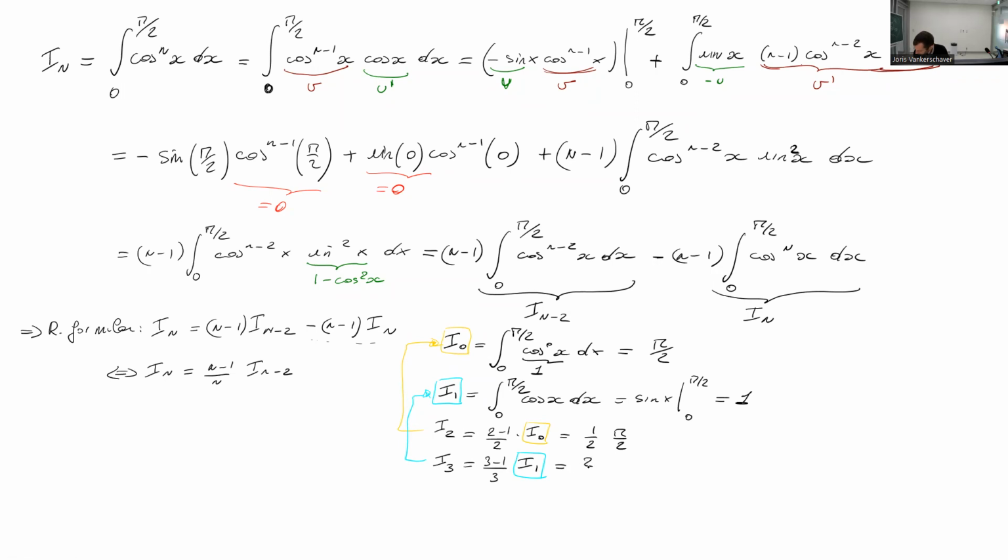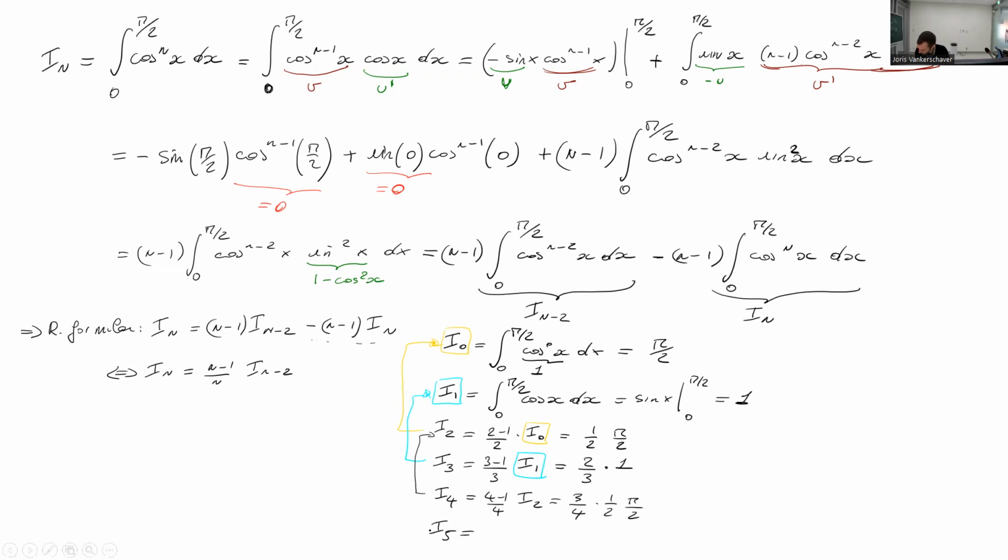And so we get 2 divided by 3 times I1, so that is 2/3. And let's just do 2 more, and then I think you will see the pattern. Now I need to move my zoom again. What is I4? So I4 is 4 minus 1 divided by 4 times I2. So here I'm going to go look at this one. So it's 3 divided by 4 times 1 divided by 2 times pi over 2.